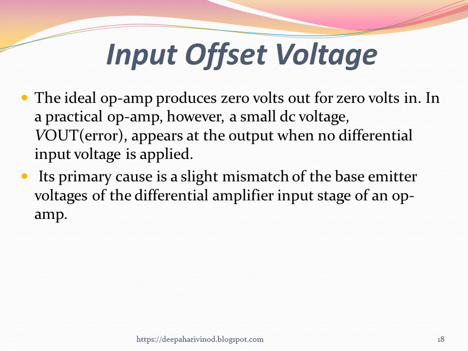Input offset voltage. The ideal op-amp produces 0 volts out for 0 volts in. In a practical op-amp, however, a small DC voltage Vout appears at the output when no differential input voltage is applied.